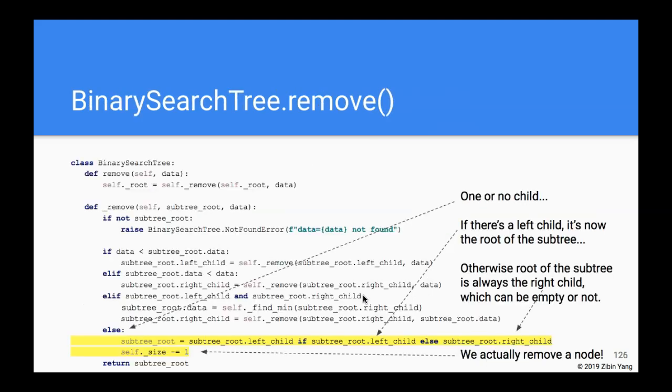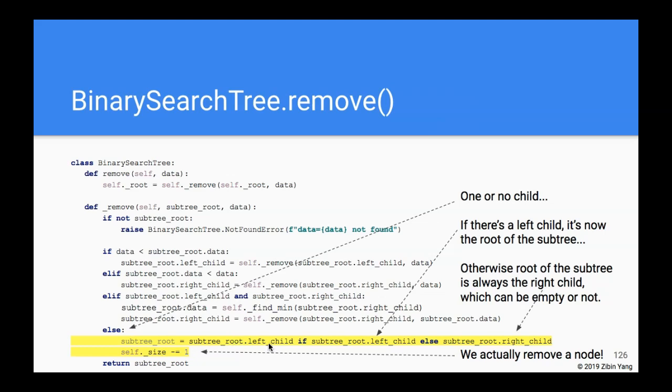Okay, and here's the code that does it. This is the last case here. Basically, this else really means, remember, the previous one is the case where there's both a left child and a right child. So if that's not true, that means we either have only one child or no child at all.